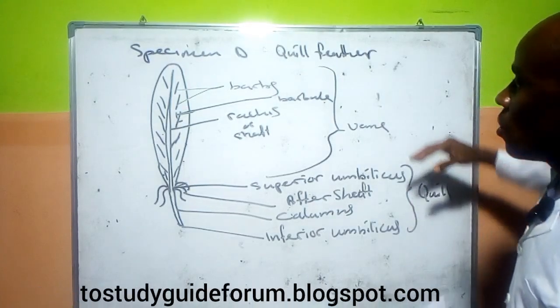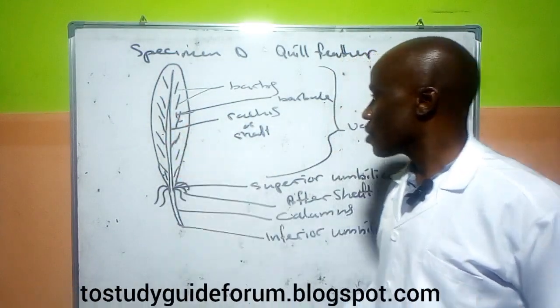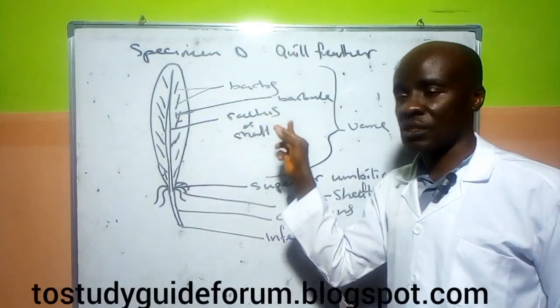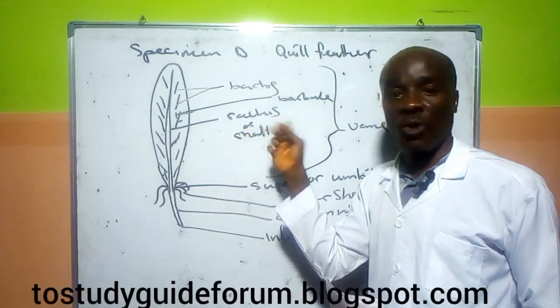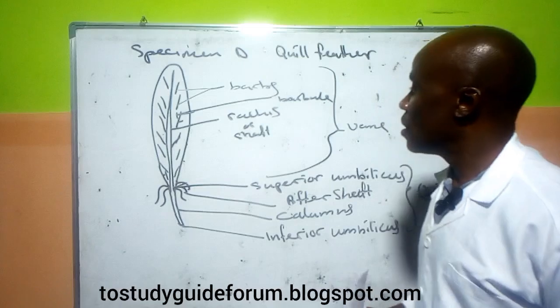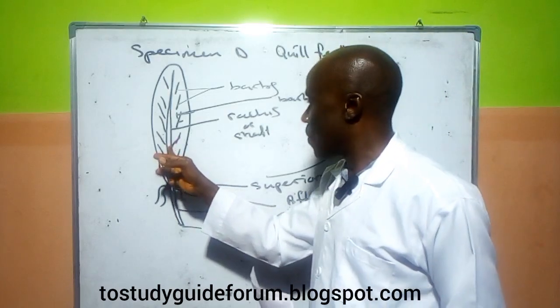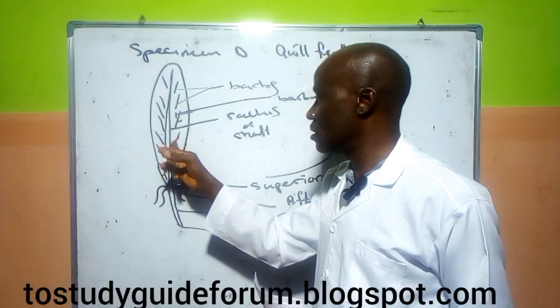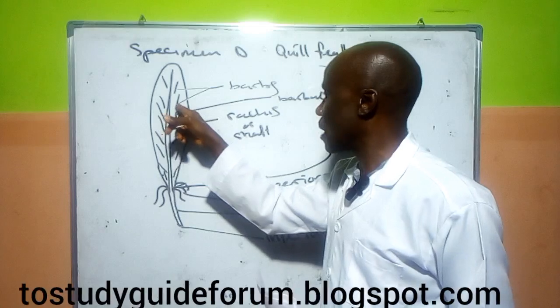Now, this middle part of it is what we call the rachis, or you call it the shaft. Just from the rachis you have the barbs, the barbs that are coming out there.